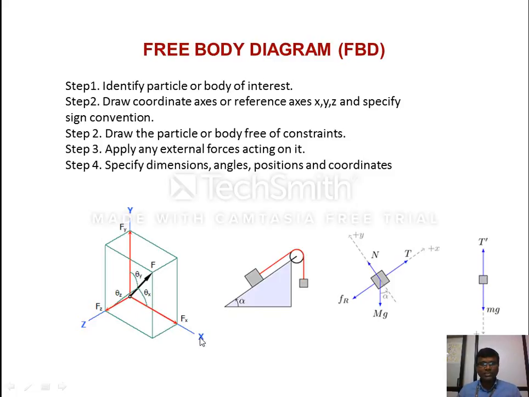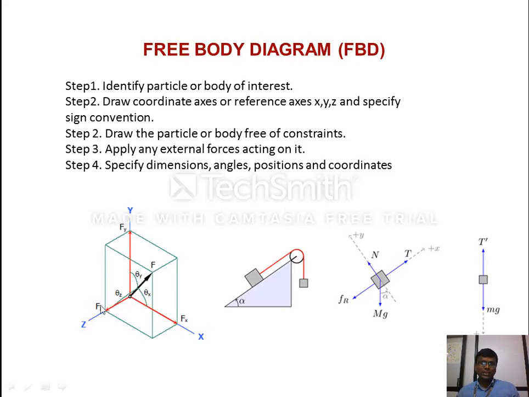From origin to x is positive, origin to y is positive, origin to z is positive. But if the force acts the other way around, from y to origin or downwards, that is a negative direction. If it is from x to the origin, or away from that origin, that's negative. Similarly, z to origin and the opposite axis is negative. You have to use it.